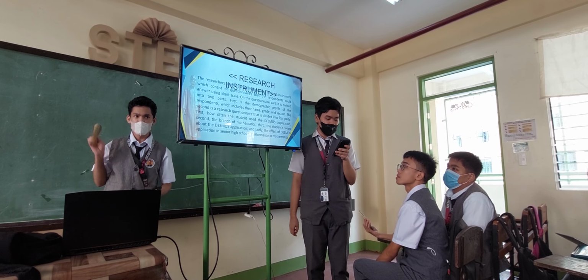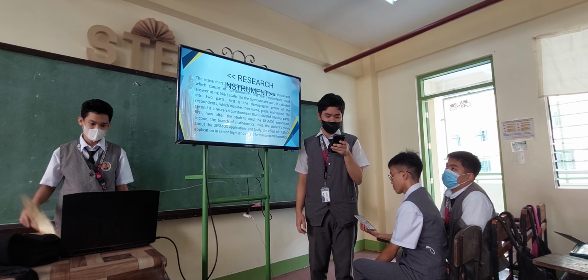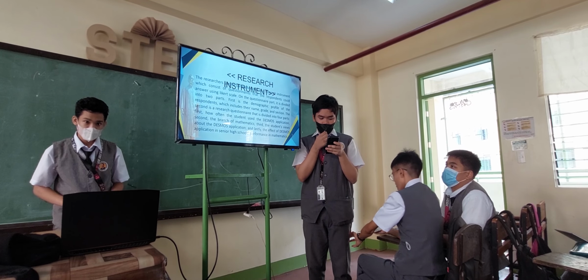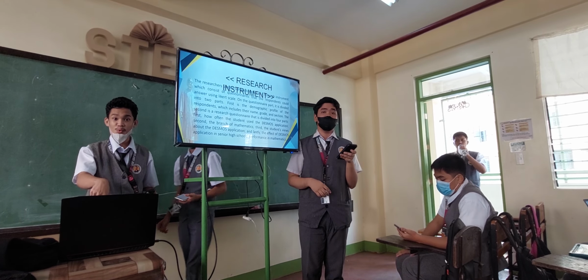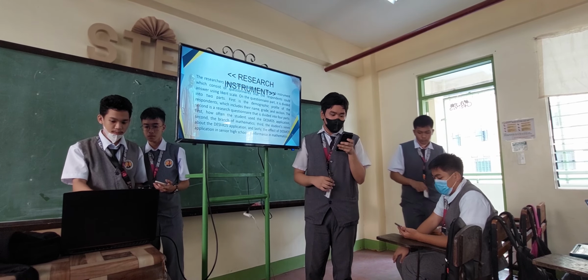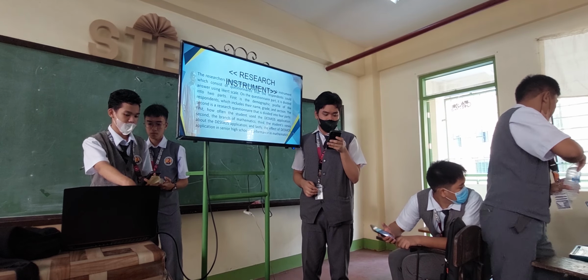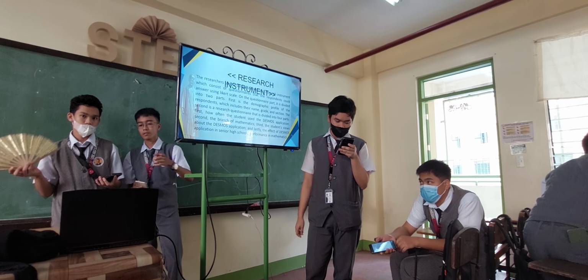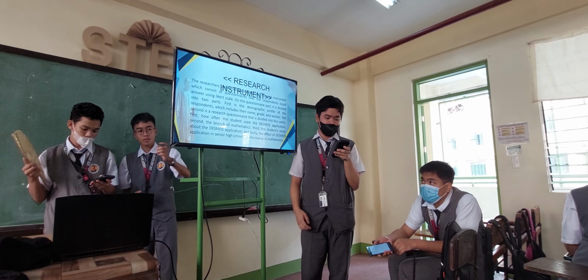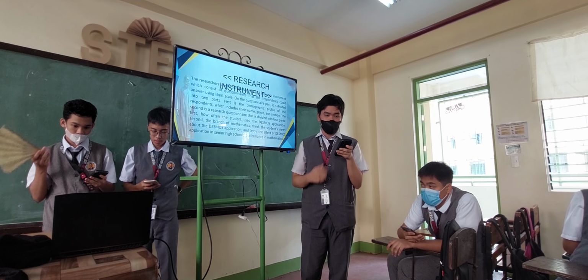Research instrument. The researchers use a survey method as a research instrument which consists of questionnaires that the respondents could answer using Likert scale. The questionnaire is divided into two parts. First is the demographic profile of the respondents, which includes their name, grade, and section.